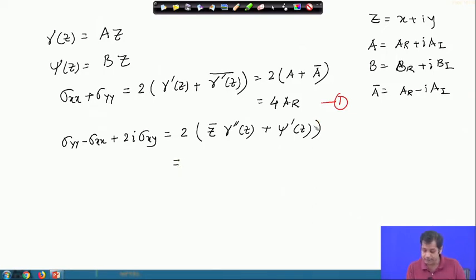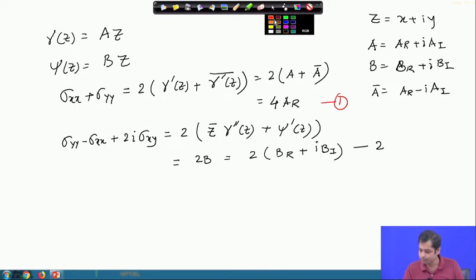Now, what does this become? This will straight away be 0, because gamma z is a linear function. So, essentially what you have is the first derivative of psi, which becomes b. So, this becomes 2b. So, this is essentially 2 times b real part plus i into the imaginary part. So, this is equation number 2, right.